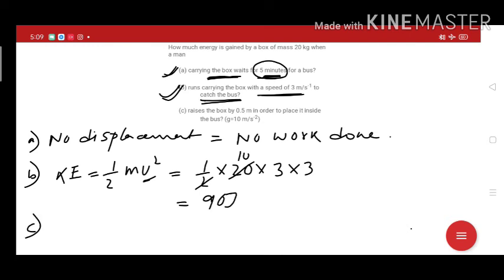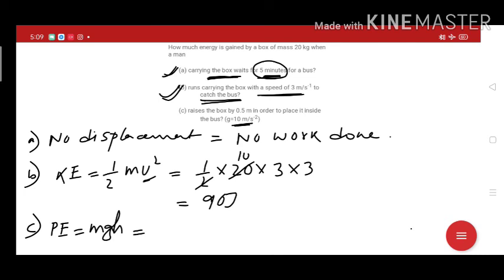Now for the C part, he raised the box by 0.5 meter in order to place it inside the bus. So where the box is actually raising at a height, that means there should be a kind of potential energy. Now the man is not moving, he is just raising the box at a height, so there will be potential energy, and the formula of potential energy is m, g and h.